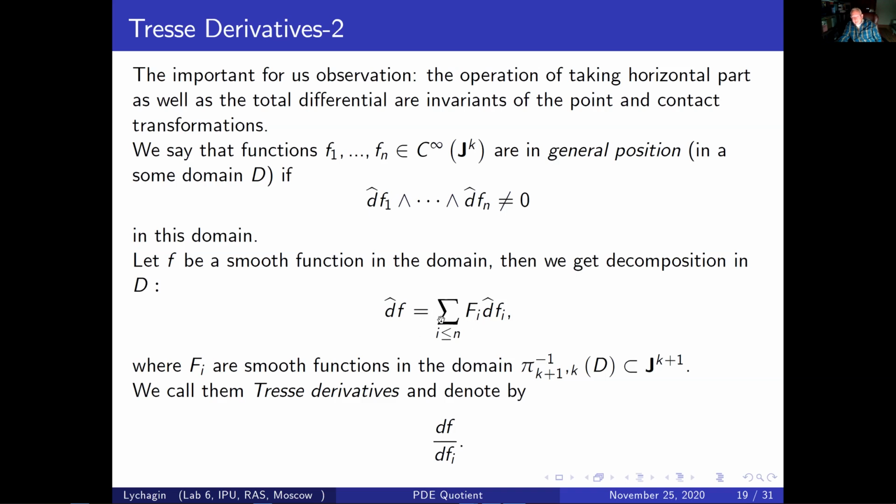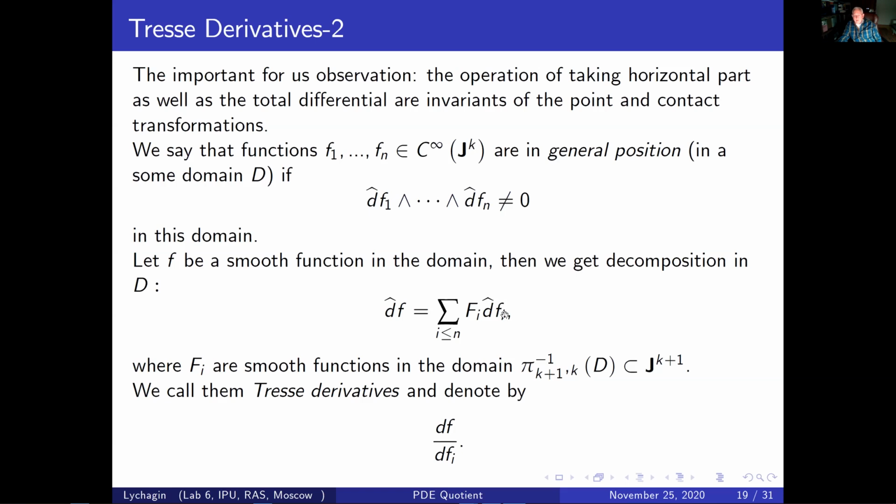The decomposition is unique, so these coefficients are also unique functions, and they should also be G-invariant. So what we see is that from this data f and the small fi's, we get these capital Fi's, and they are also invariants. One remark: all these functions f1, ..., fn and f itself we took on the level of k-jets. If you check this construction, in general the Fi should be functions on k+1 jets, but invariant.